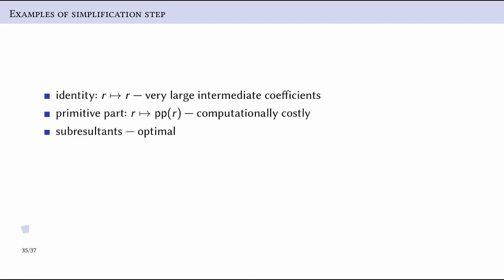Now, to compute it, using again strategy 2, we will have to compute for each of them a greatest common divisor of their coefficients. So, as you see, this is a kind of recursive cascading, where at each level we have more and more greatest common divisors to compute.